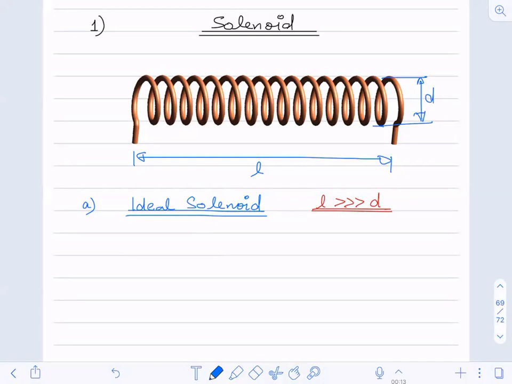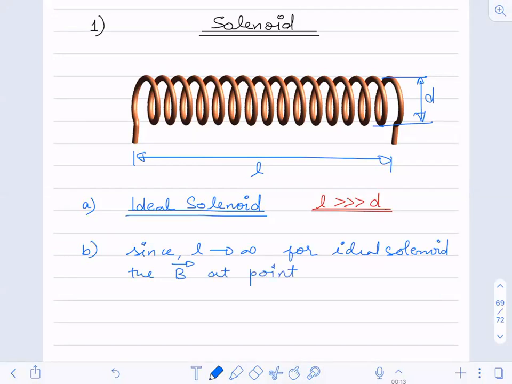The second point is, since L is very large, that means it tends to infinity for an ideal solenoid, the magnetic field B at points outside the solenoid is 0.